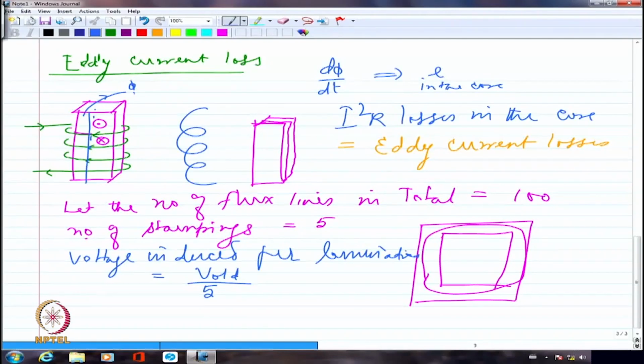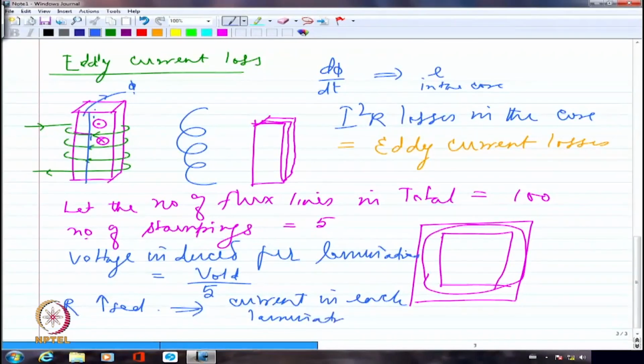So I am going to have resistance increased overall, because of which I am going to have the current in each lamination decreased by a factor of, first of all, 1/5 and also by a factor of how much the resistance has increased.